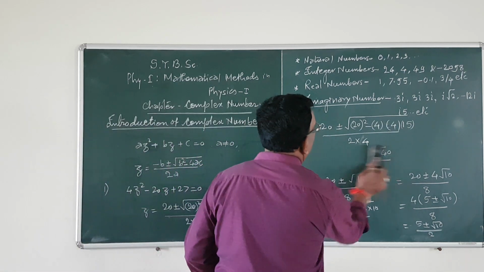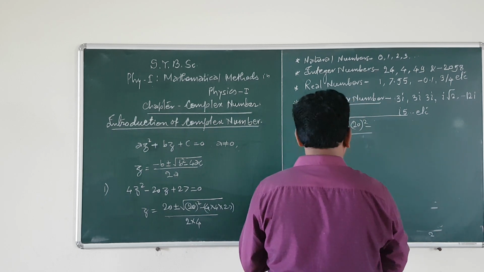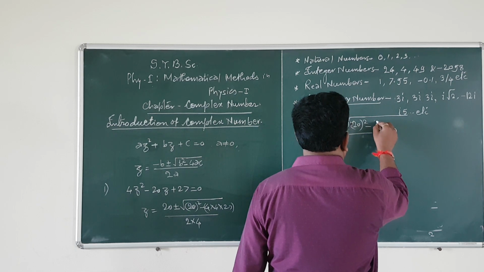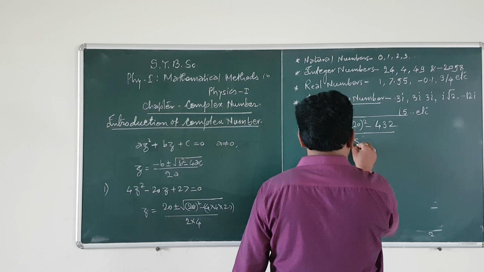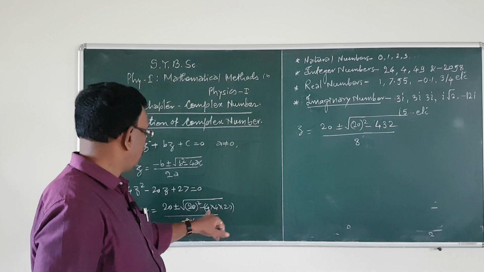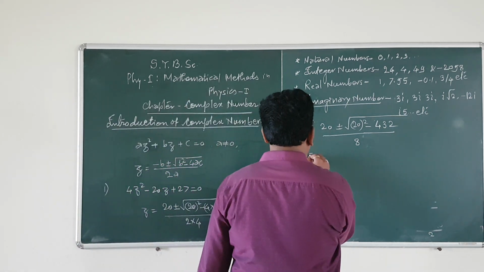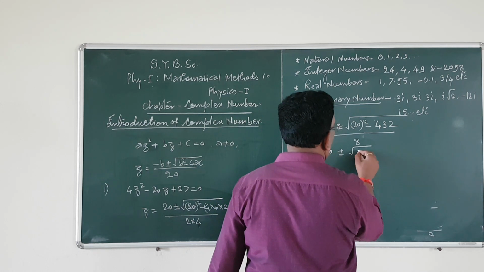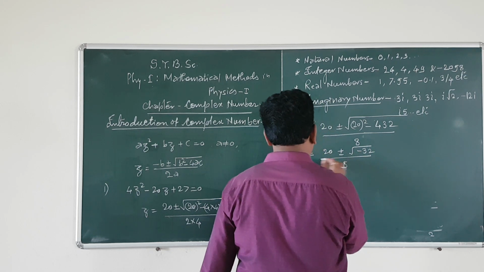After solving this, we will get 432, which is nothing but the product of 4 into 4 into 27. After solving this term, we will get 20 plus minus under root minus 32 upon 8.